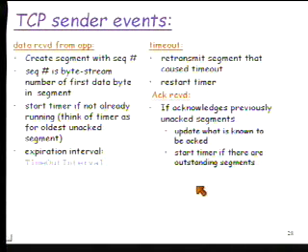So what does this mean? Remember TCP has only one timer, and that timer is for the oldest unacked segment. Once that unacked segment is acked in this step, then you restart the timer if there's something outstanding.